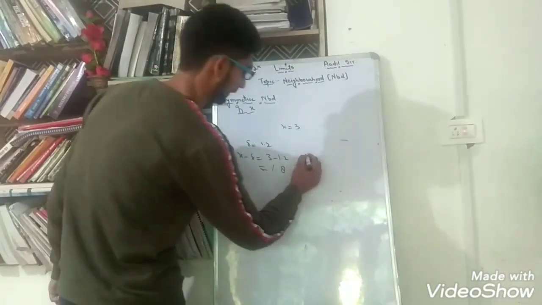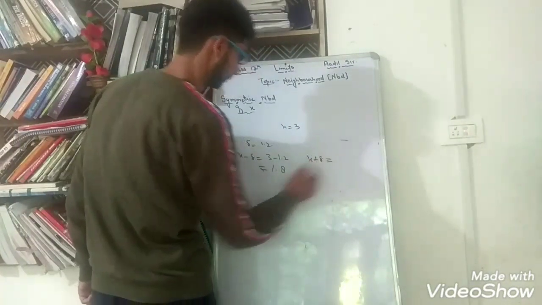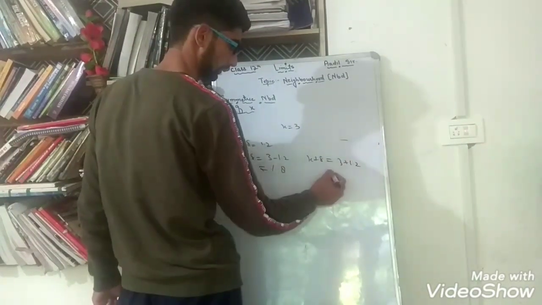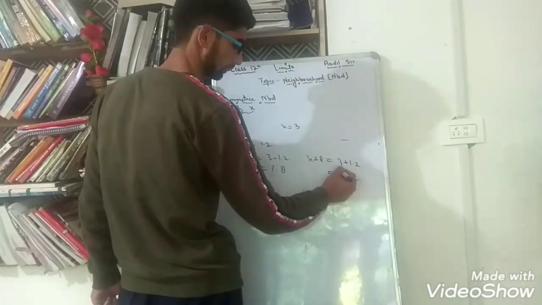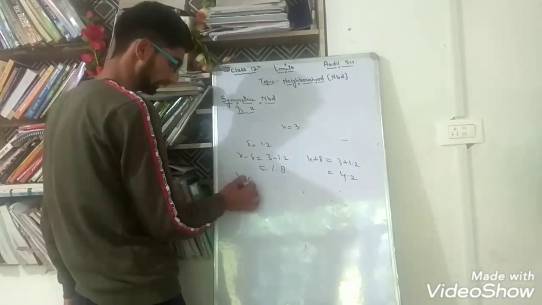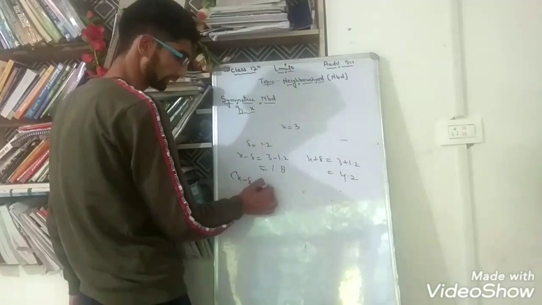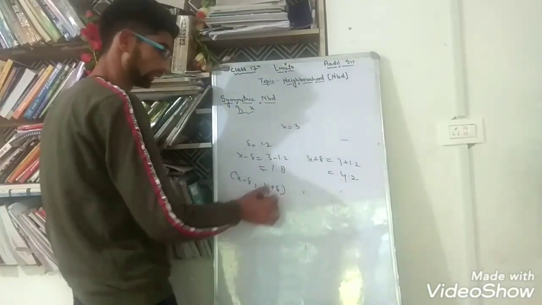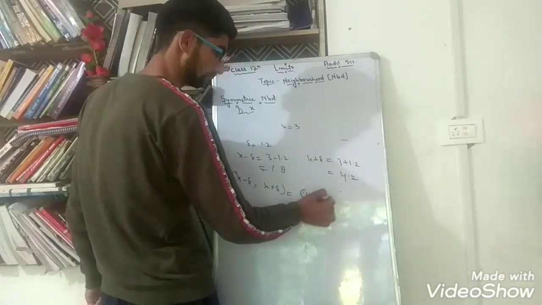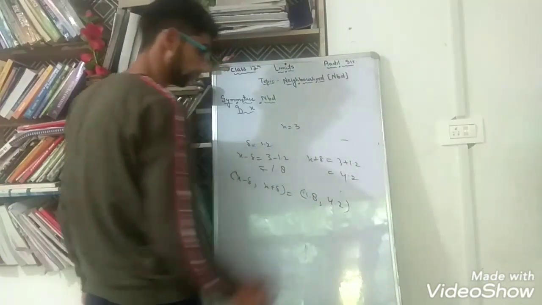And when we take x plus delta, that is 3 plus 1.2, which is equal to 4.2.